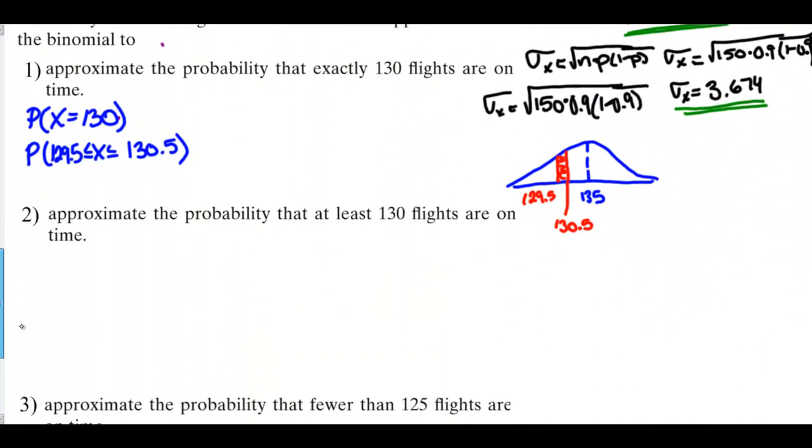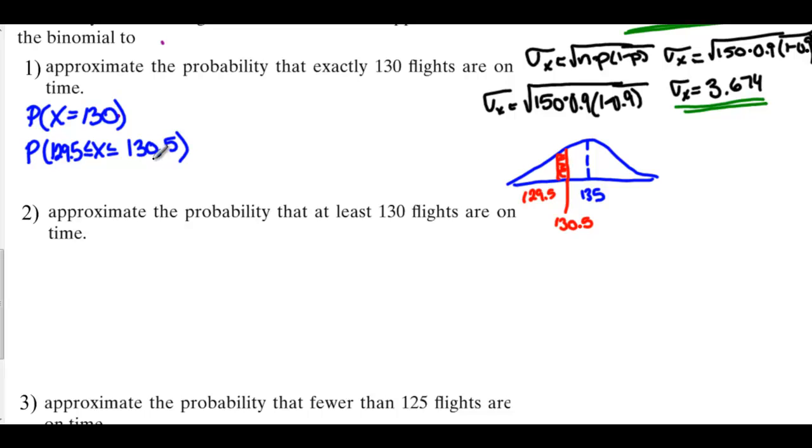So we're going to come back down, and this is where it's going to look kind of horrible, but it's really just a calculation. So instead of having the probability that x is between 129.5 and 130.5, to translate that over to a z-score, we've got to do the calculation. So the first data point is 129.5.